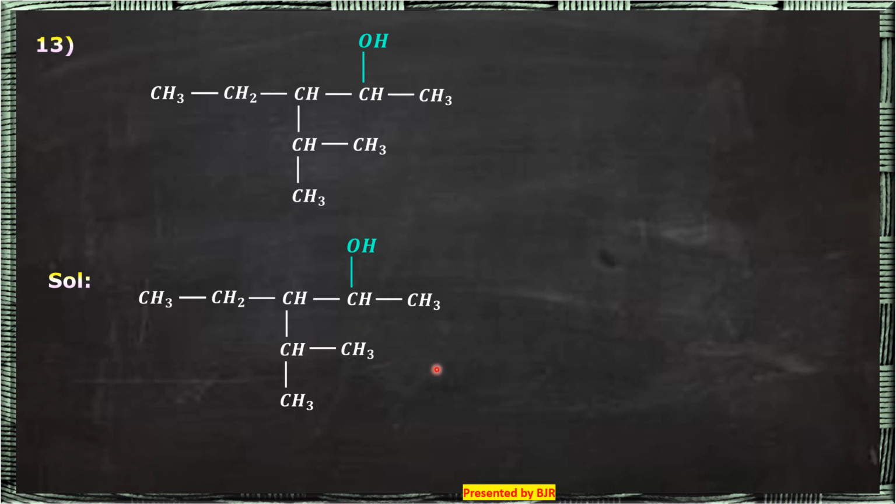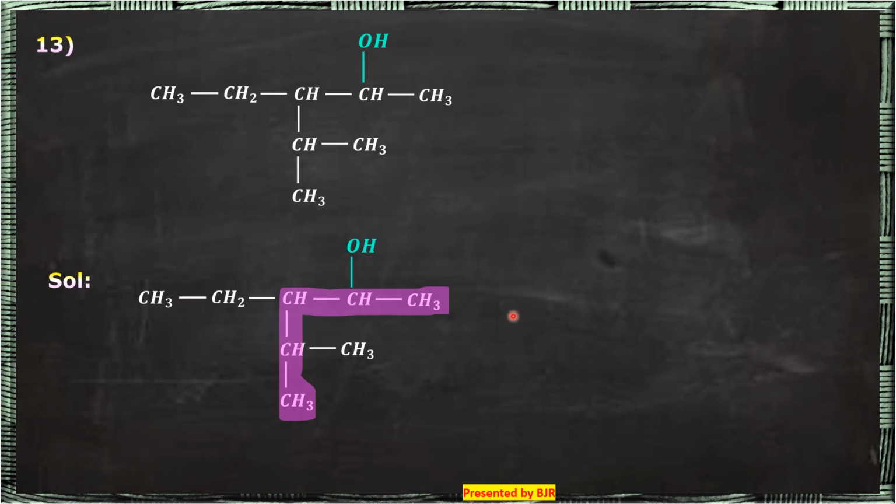For that reason, I am selecting this as the parent chain. Now it contains 2 side chains. Here is one side chain, an ethyl group. Here a methyl group is there, apart from the functional group attached to the chain.